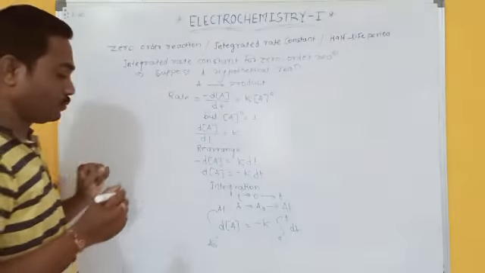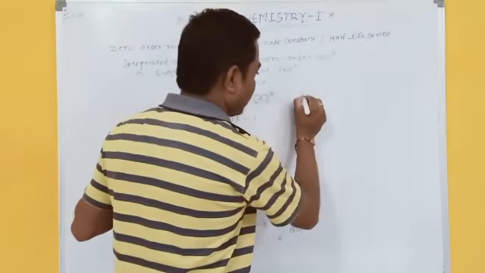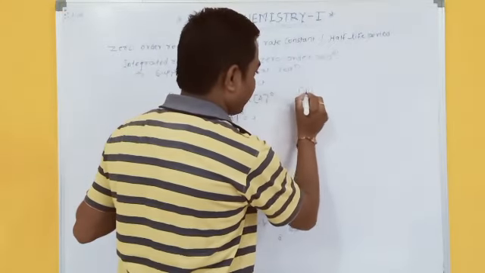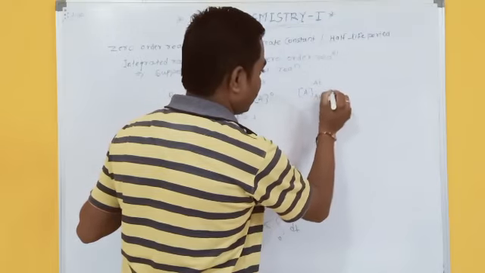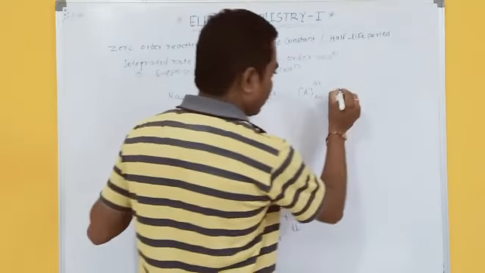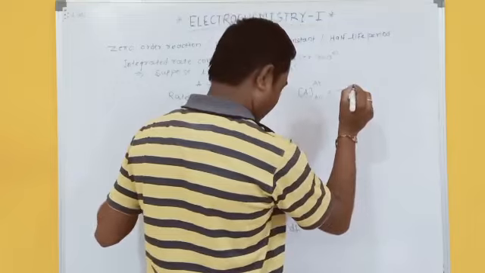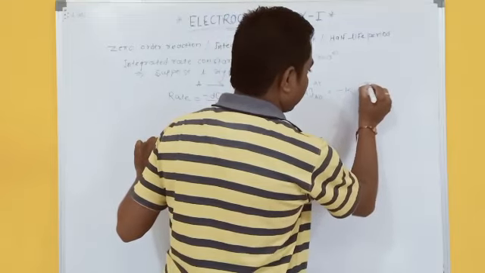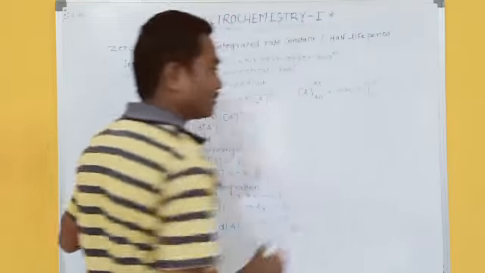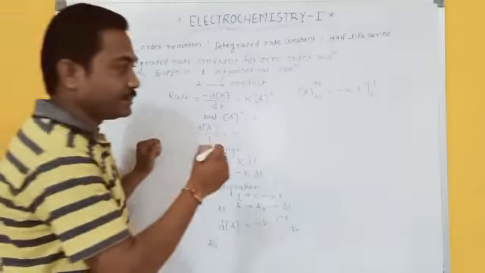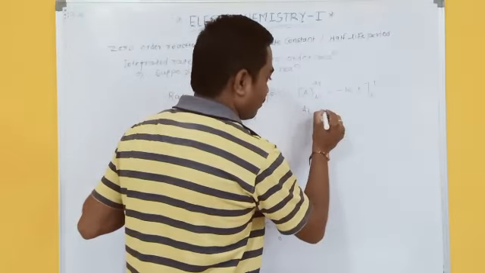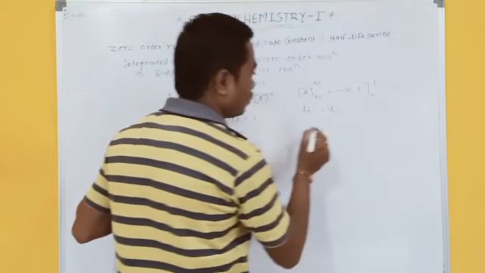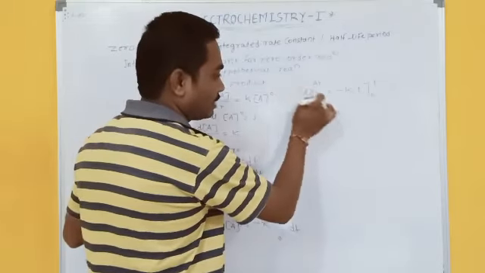Then we get the value: concentration of A at A0 is equal to minus k t from 0 to t. Apply the limit, at minus A0.